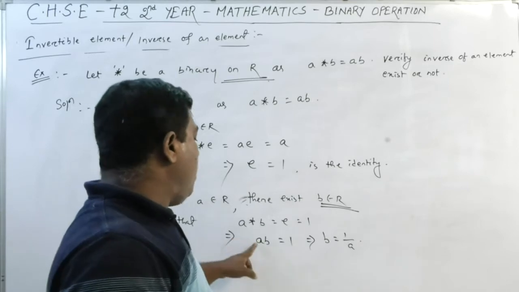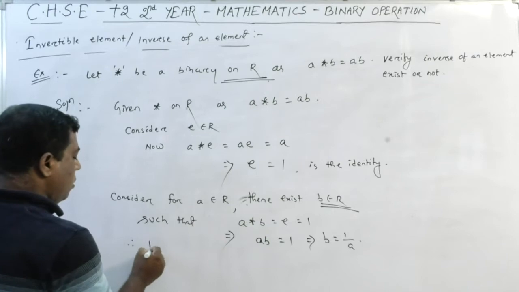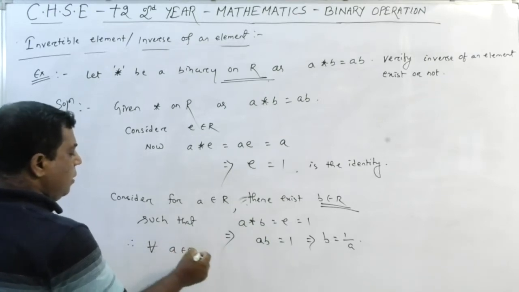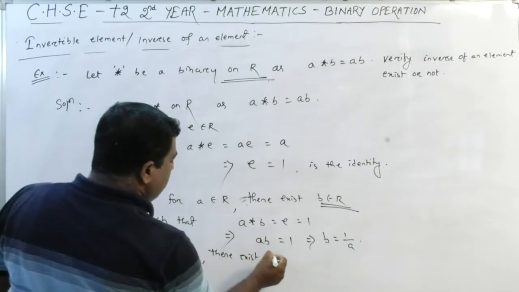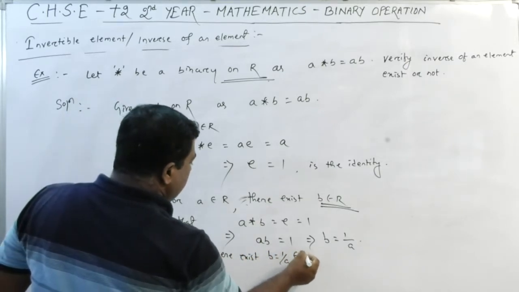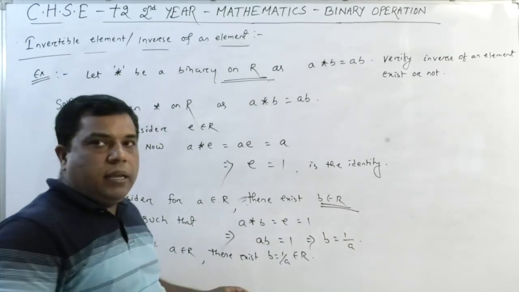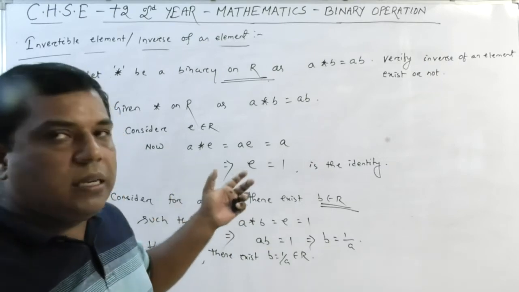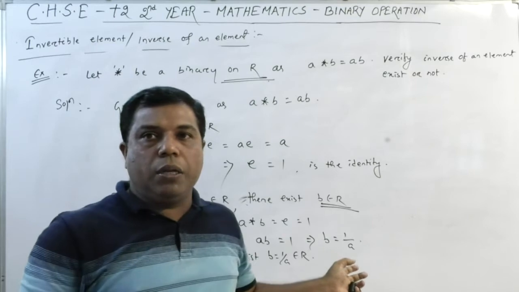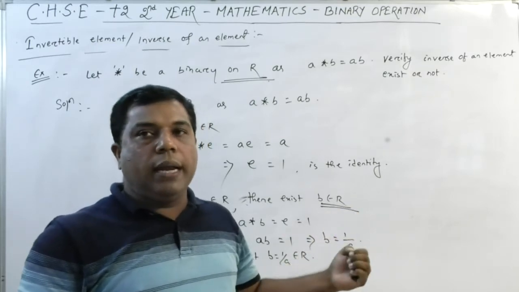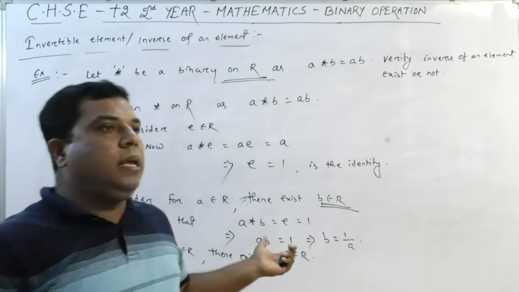So you see, for all A belongs to R, there exists B equal to 1 by A, which is also belonging to R. So we can say that in this particular binary operation, we are able to get invertible elements, or we can find the inverse of the elements.